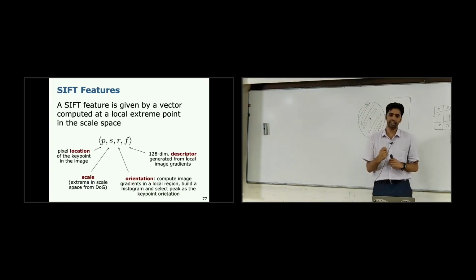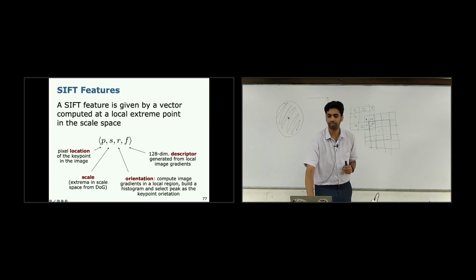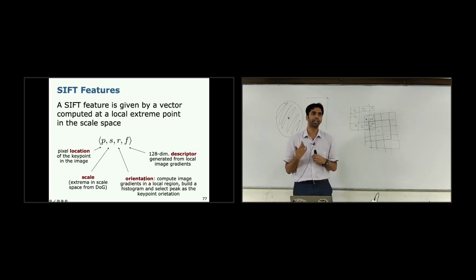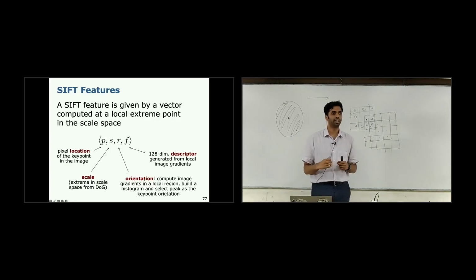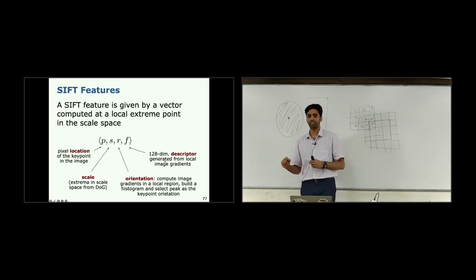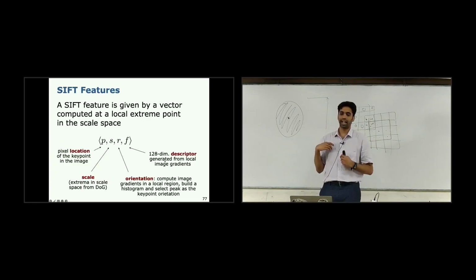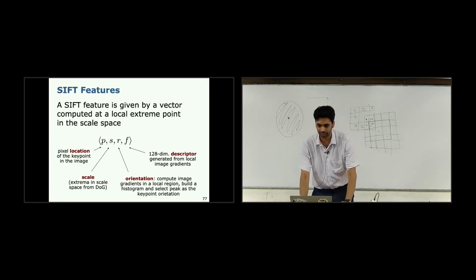By adding this additional information about the orientation of the patch, you can become rotation invariant, which was one of the specifications that they had. And finally, you have the descriptor itself, F, which is a 128-dimensional vector generated from local image gradients. So these are the 4 things that you need.